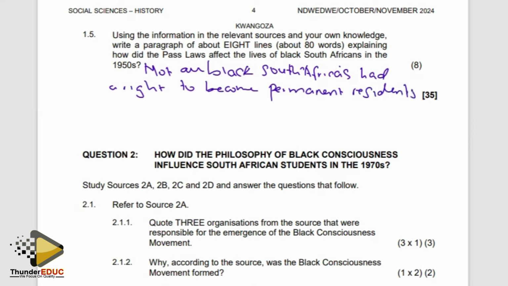So you can quote that from source A, all right? You can also include that pass raids were held anytime.